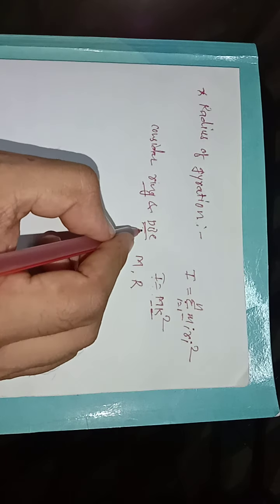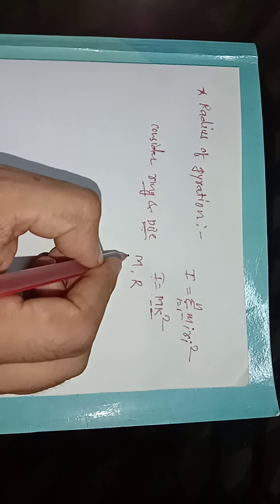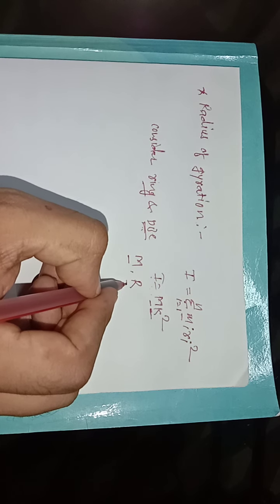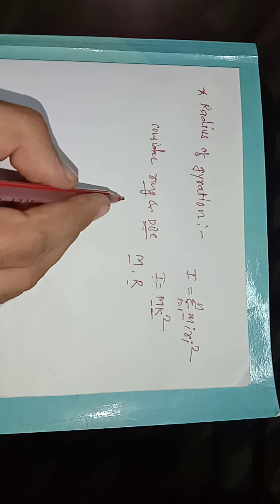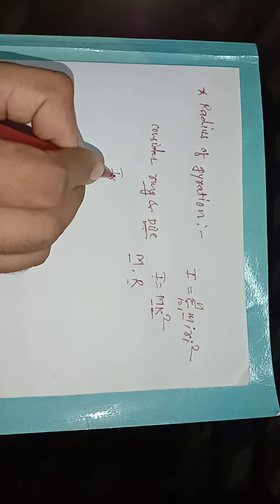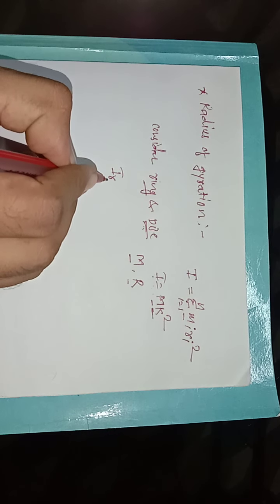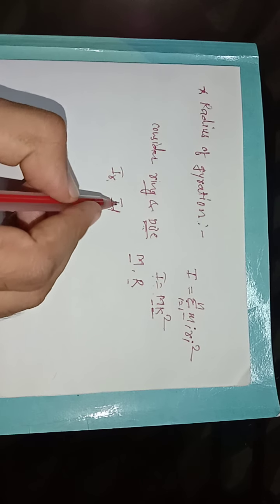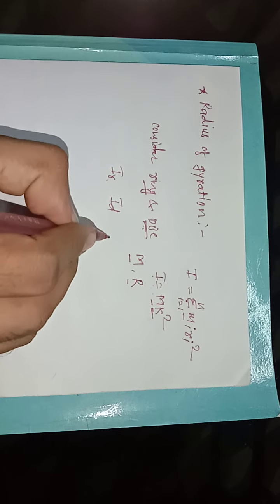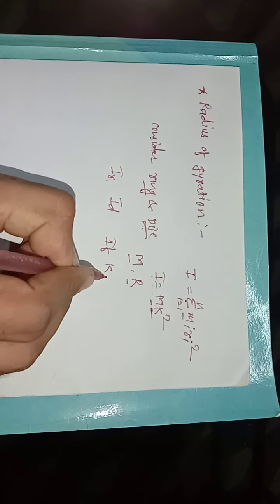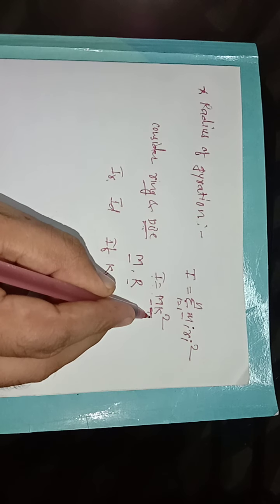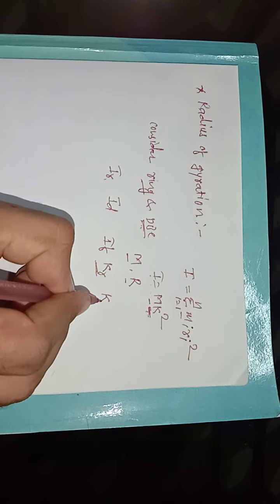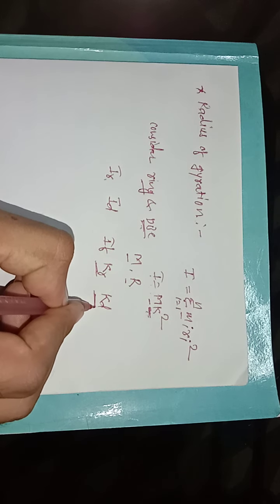Suppose I_R is the moment of inertia of the ring and I_D is the moment of inertia of the disc. Then K_R is the radius of gyration for the ring, and K_D is the radius of gyration for the disc.